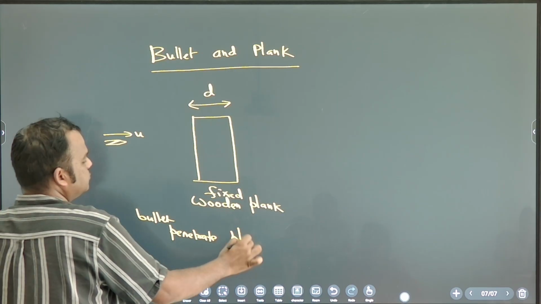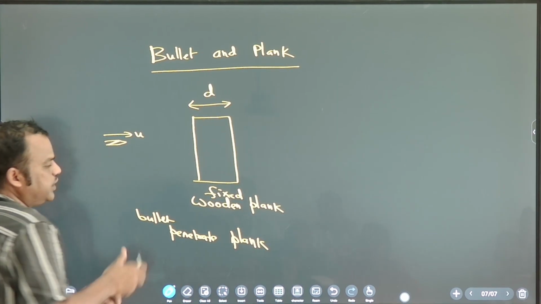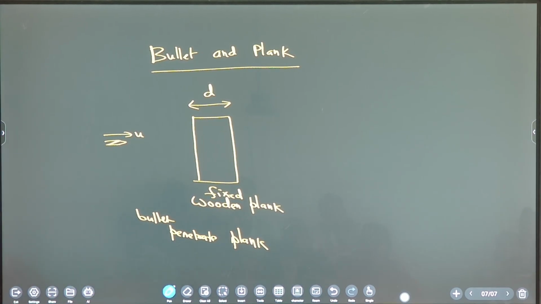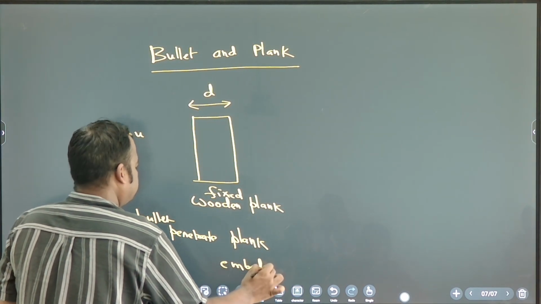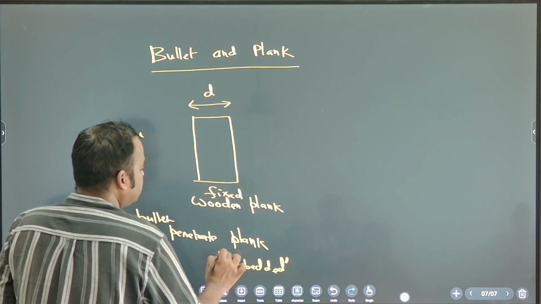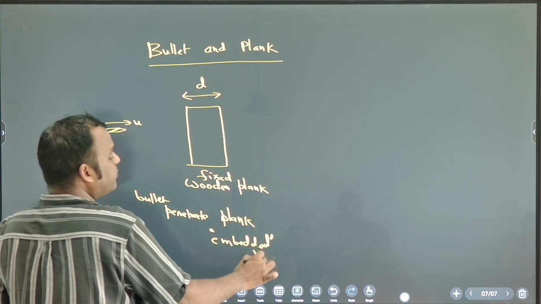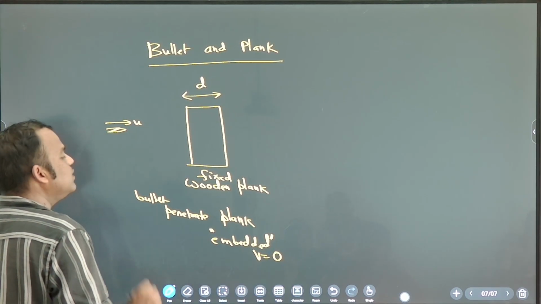The bullet will hit the plank. You see when a bullet comes, it will make a hole, correct? That is known as embedded. So when it is embedded, what is the final velocity? 0.